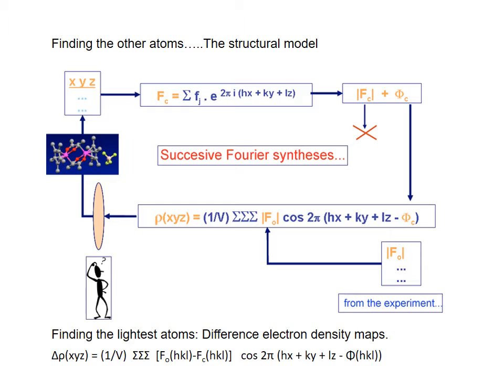Okay, in the last class we looked at the Patterson method, which is a method to find heavy atoms from X-ray diffraction data, going around the so-called phase problem.